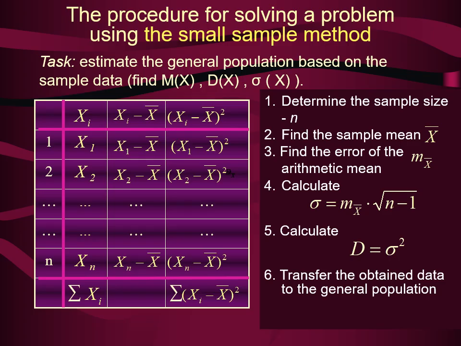Then it is summed up. Sorry, before calculating the mean square deviation, you need to find the arithmetic mean error itself, and the sum of squared deviations is placed in the calculation formula of the error.